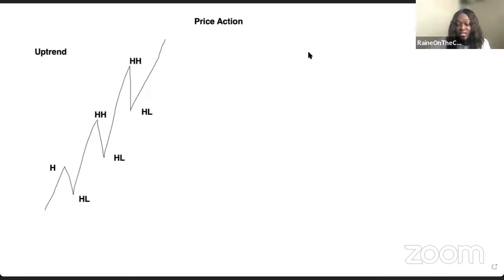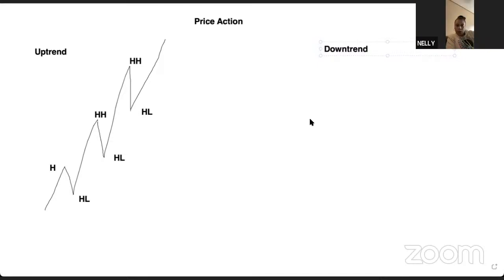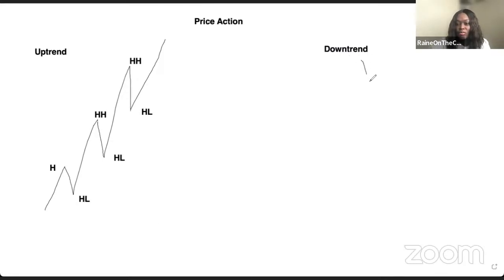Then a downtrend. Who can tell me what the downtrend is? Wouldn't it be lower low, lower high, right? Yes, absolutely, Nelly. So for a downtrend, we're starting up top. We're going low.